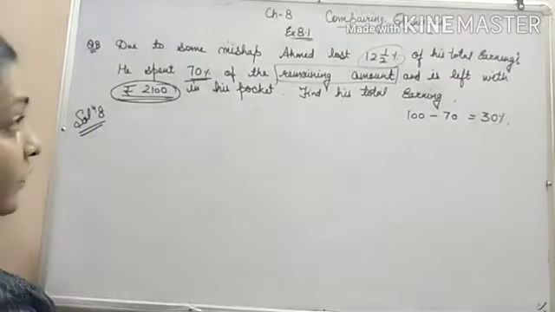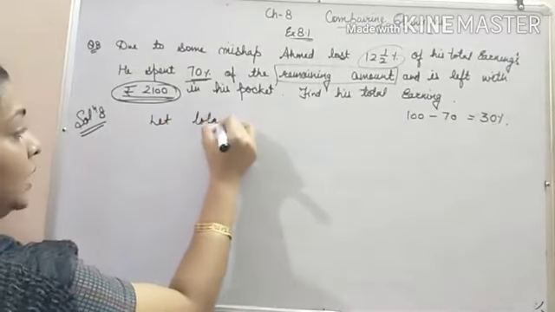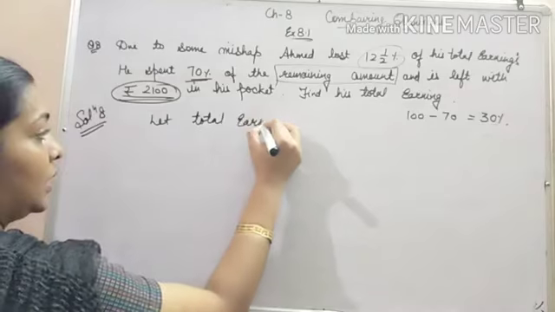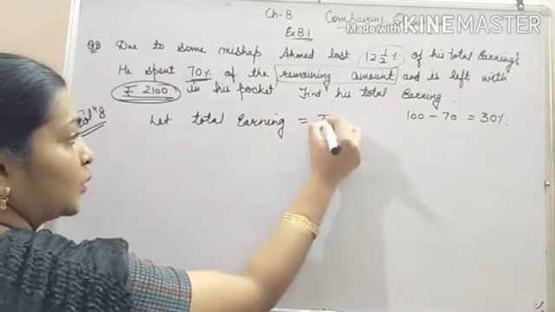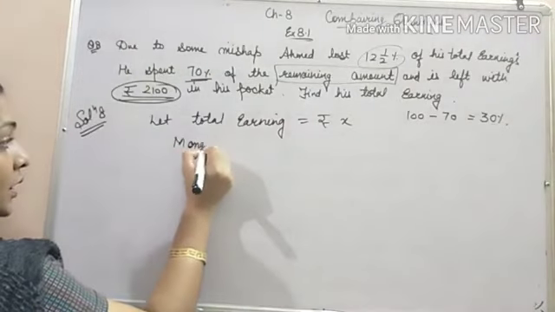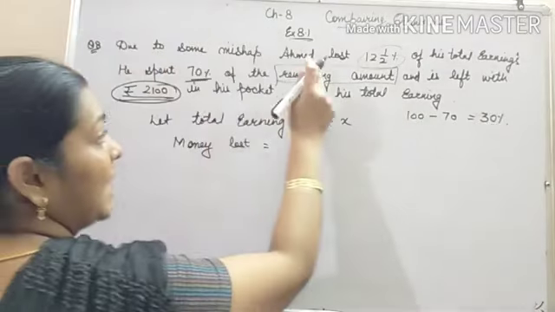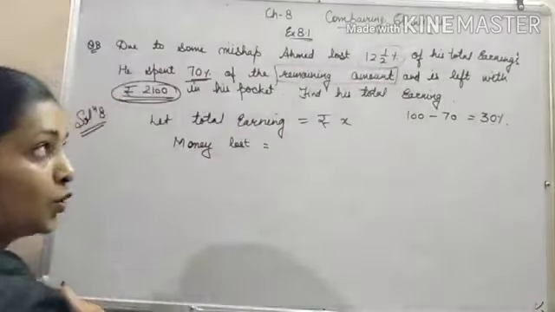Now how to solve? We will solve it step by step. Let total earning be rupees X. Money lost: in the very first line it is given that due to some mishap, Ahmed lost 12 1/2%.